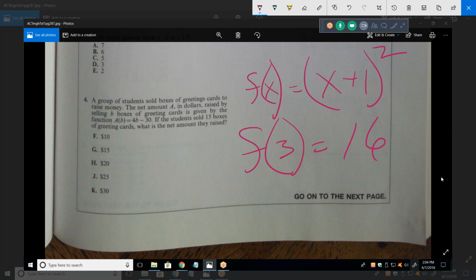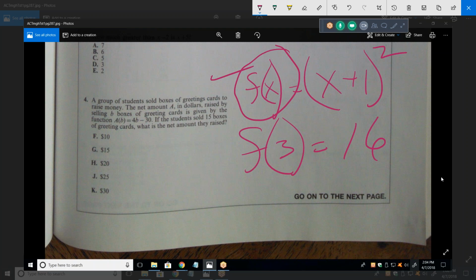Okay, so what that means is it's just a different notation than y. You could substitute y here, but f of x is so much more powerful. It tells you that the variable on the right side of the equation is x.